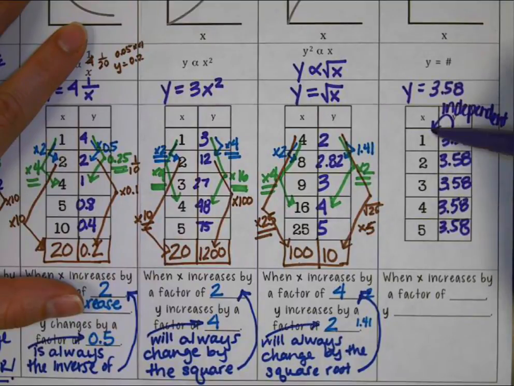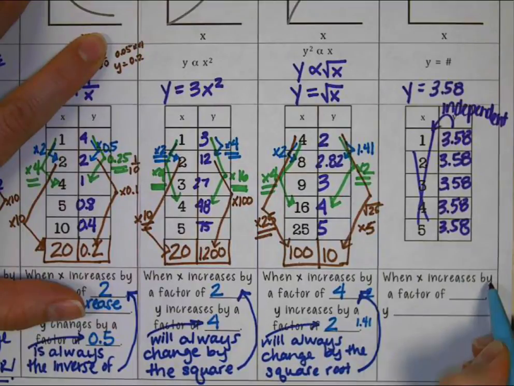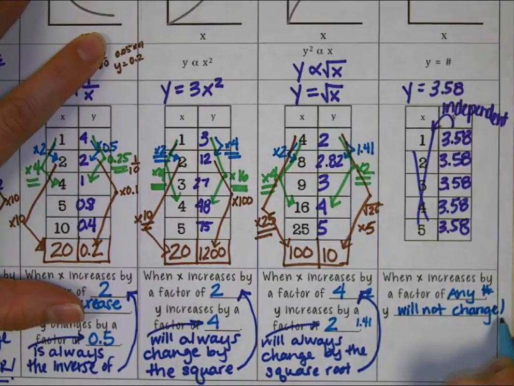So no matter what the x value, you will always get 3.58 for your y. Down on the bottom, when x increases by a factor of any number, really, y will not change. That's pretty much the sum of independent. Y is independent of x.